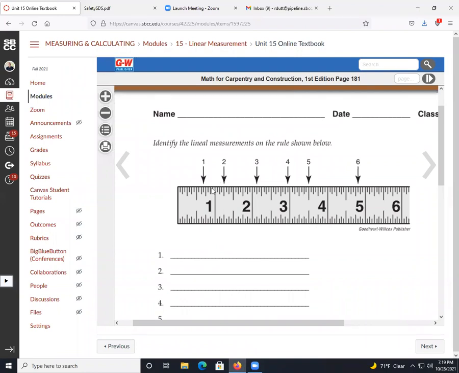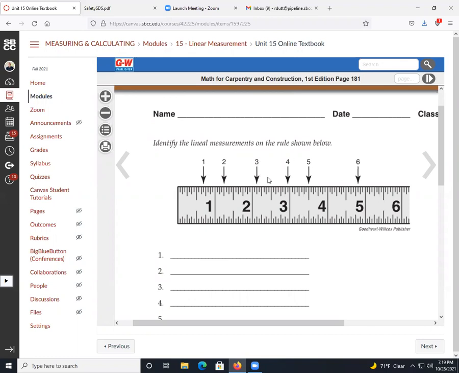All right. Matthew, what's the answer to number 3? Right there, number 3. Matthew, you still here? Matthew. For number 3? 3, yeah.